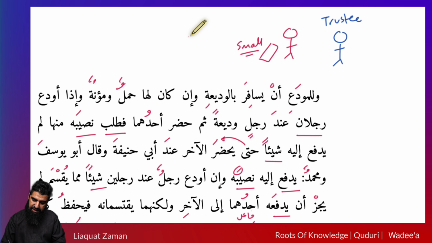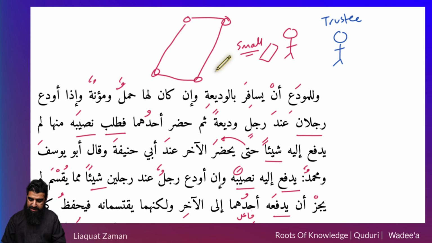But what if he was to give him something that was very heavy, like a big sack? I don't know if you Americans know what a sack is. Do you say the same thing? So this is a big, let's say 200 kg sack of potatoes.